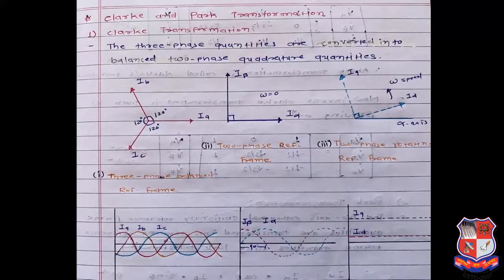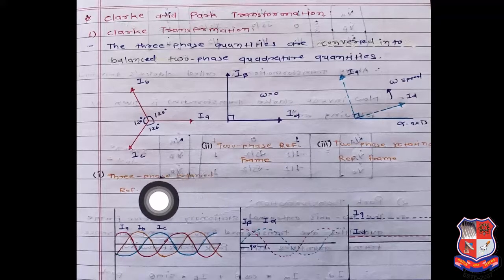So we know that the 3-phase quantities are converted into balanced 2-phase quadrature quantities. Means in Clarke transformation, the 3-phase balanced quantity is converted into 2-phase quadrature quantities, which are displaced by 90 degrees and whose rotating speed omega is equal to 0.